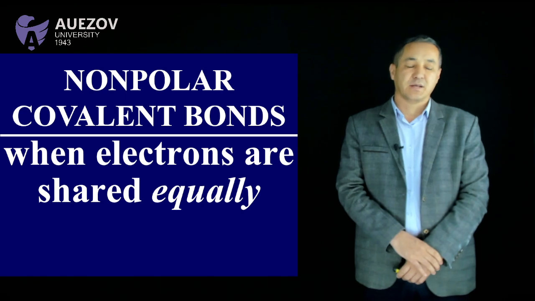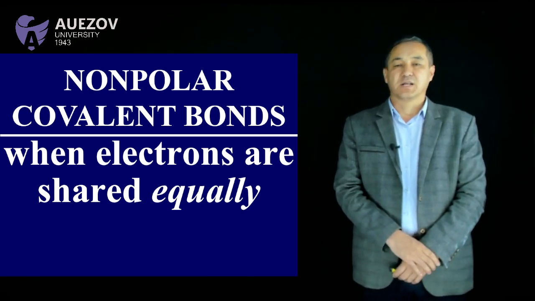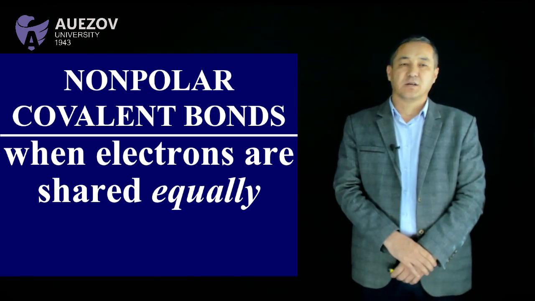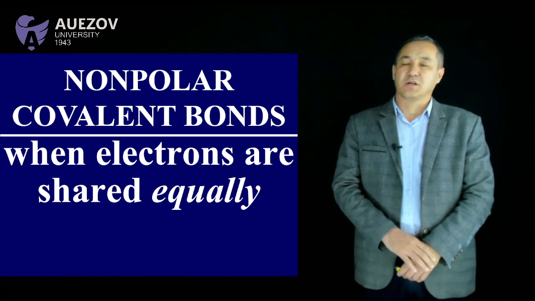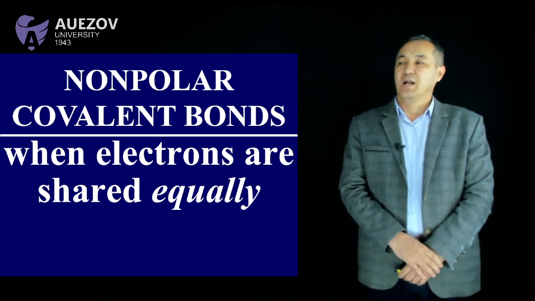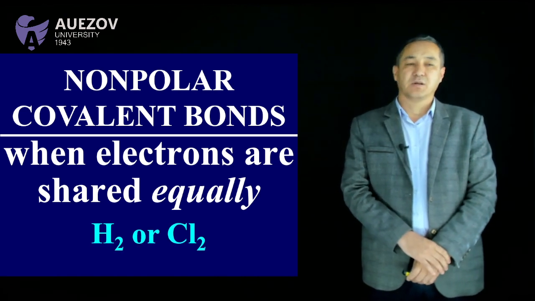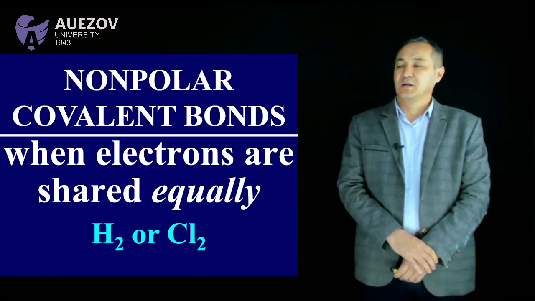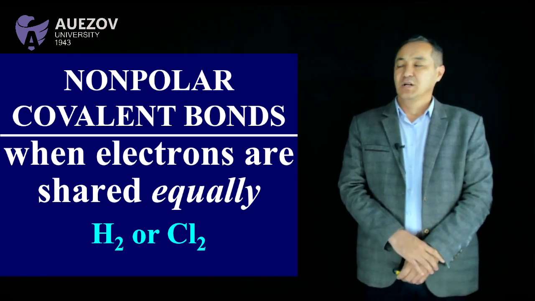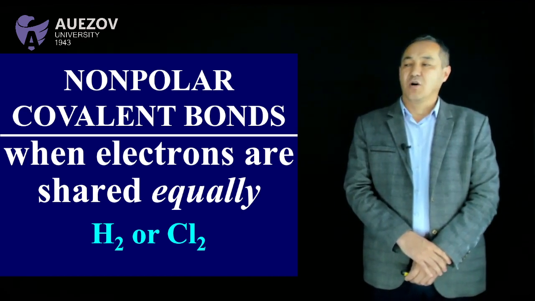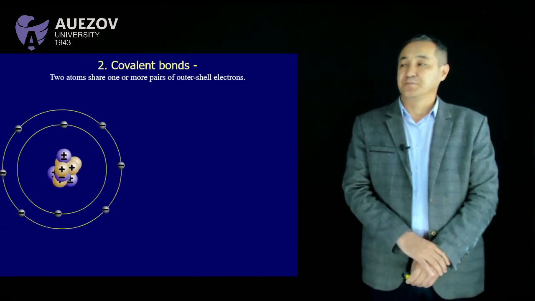We can divide covalent bonds into two types: non-polar and polar covalent bonds. Non-polar covalent bonds are formed when electrons are shared equally. For example, hydrogen or fluorine molecules.